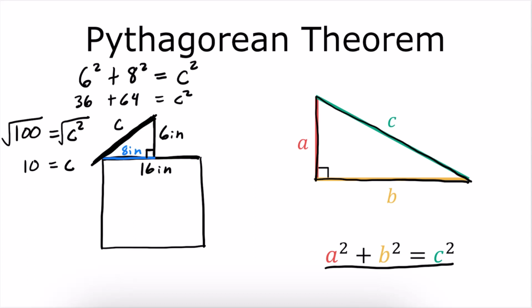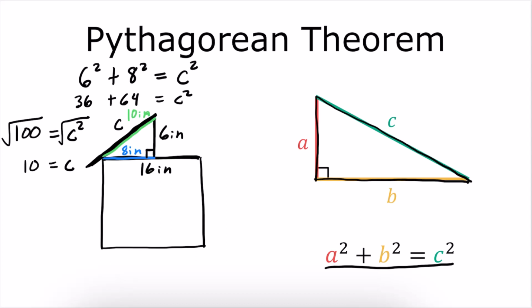In either case, that tells me that this distance right here is going to be 10 inches. Now, if I was making a birdhouse, I may want to actually make it 11 inches so that I have a little bit of an overhang so that when it rains, it doesn't drip down the wall. But that's how I could use the Pythagorean theorem to help me build this birdhouse.